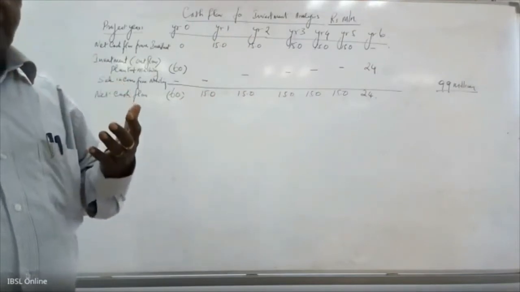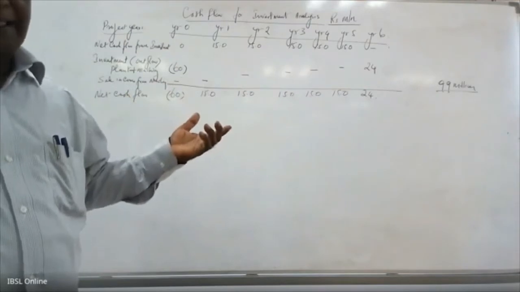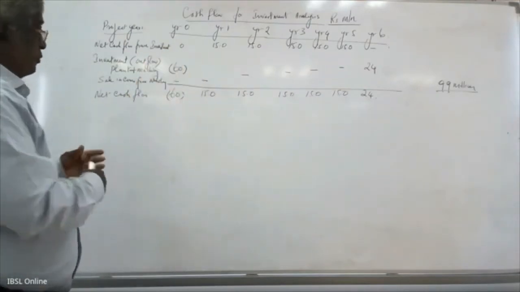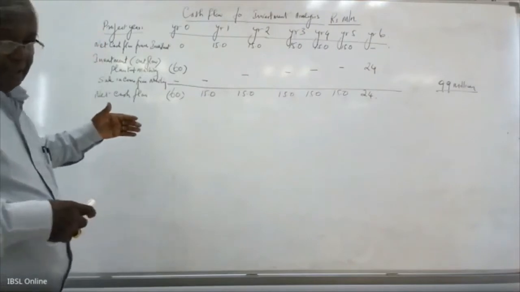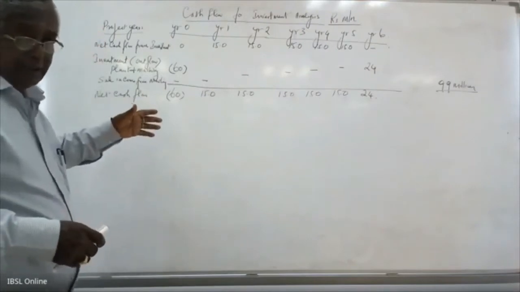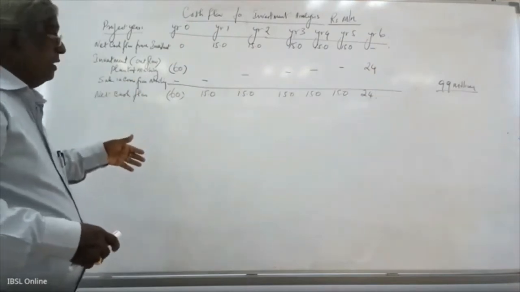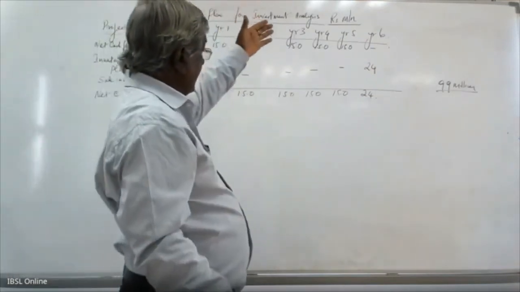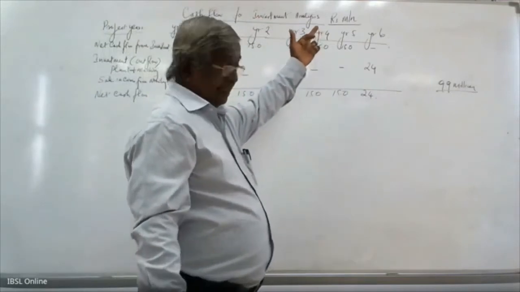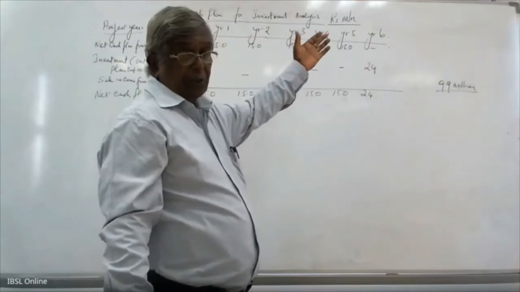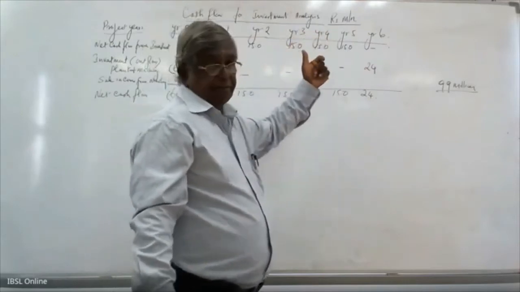So now the discounting rate in this exercise is 18%. You have to write the steps very clearly, as I will be looking at this in your exam answer script. The steps should be very clear. For the cash flow for investment analysis, you have to mention what currency you are using, rupees million or 100,000 or whatever it is, or just rupees.